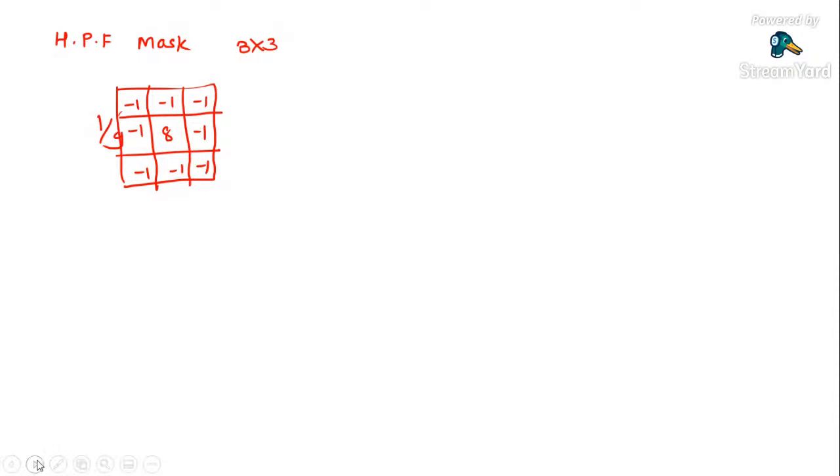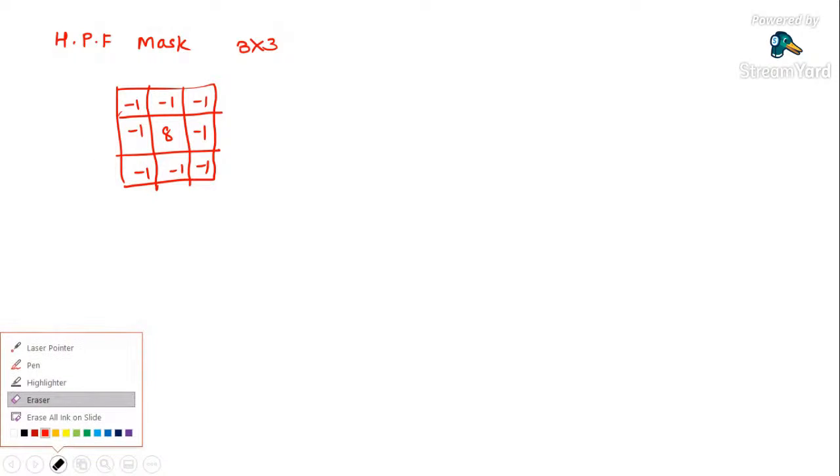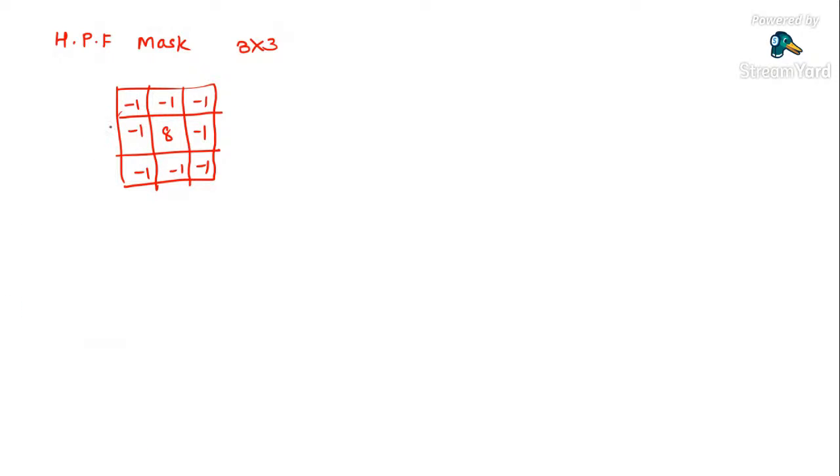So this is the mask for the high pass filter. It is 1/9. You can have a 5x5 mask, no problem, or a 7x7 mask. Now we'll apply the mask over the last problem.